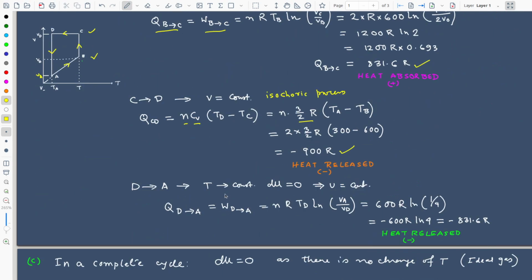In this process T is constant, so there is no change in internal energy, and U is constant, so Qda equals Wda equals nRTd log Va by Vd. I'm putting in these values, Va by Vd is 1/4, and log 1 minus log 4 is negative, so this is heat released.